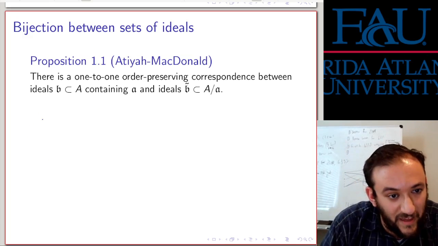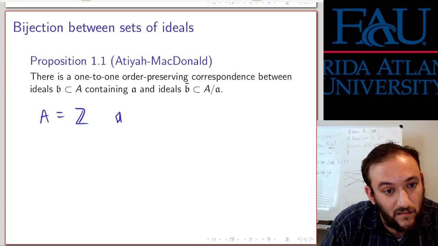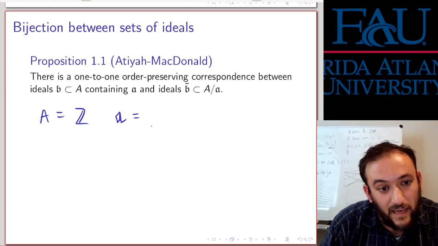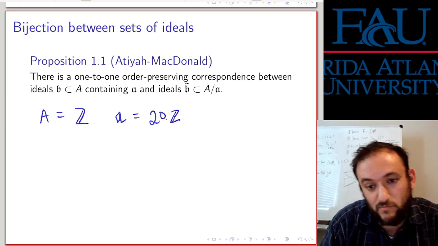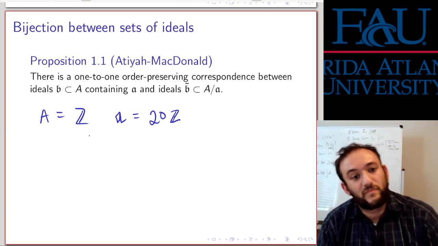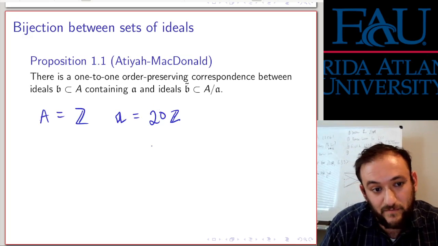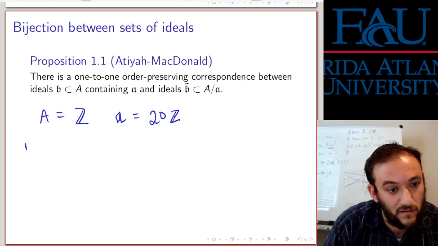So if we want to think about the ring A equals Z, and the ideal a equals 20Z, just multiples of 20, then let's think of all of the ideals that contain a.